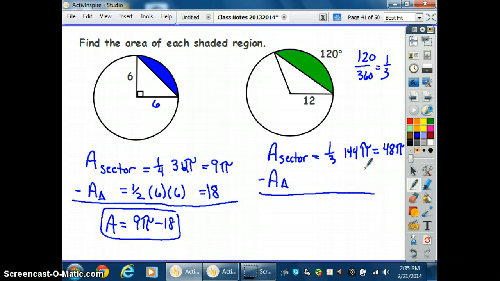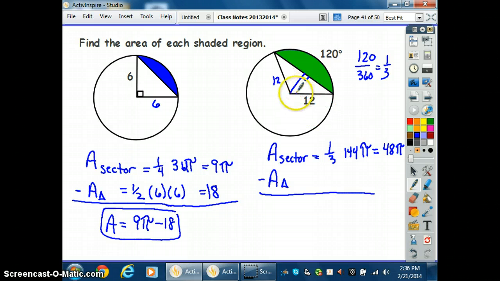And our triangle area, oh, here we have a little bit of a dilemma. I see it's an isosceles triangle. How could we find the height of this triangle? If we drew in an altitude, we did some problems like this.